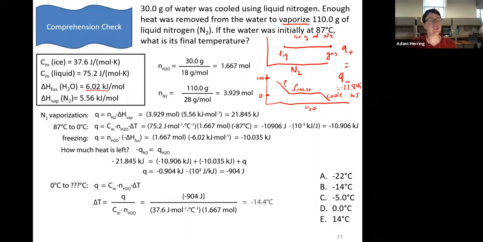We see that our change in temperature is 14.4 degrees Celsius, and it's decreasing by that amount, which means that our final temperature is the difference between our initial temperature of 0 and the change in temperature, which is negative 14.4. And so our final temperature is negative 14.4 degrees.